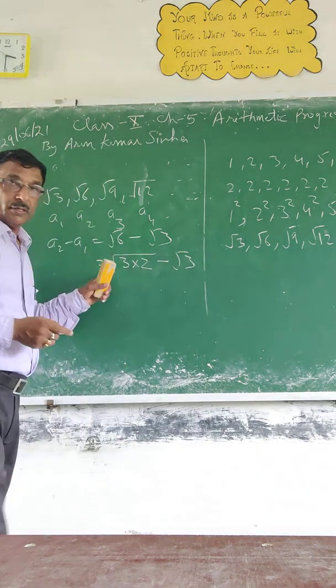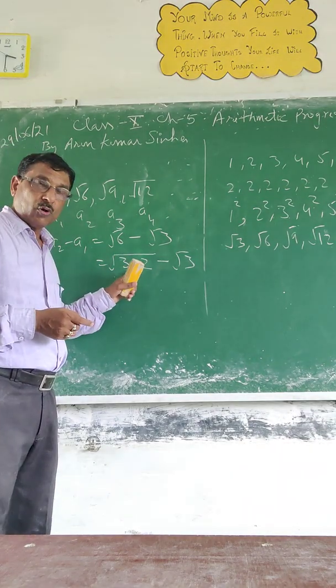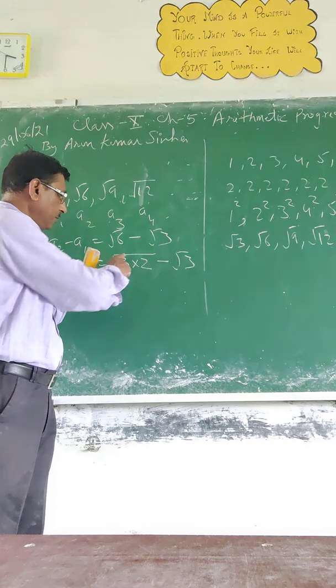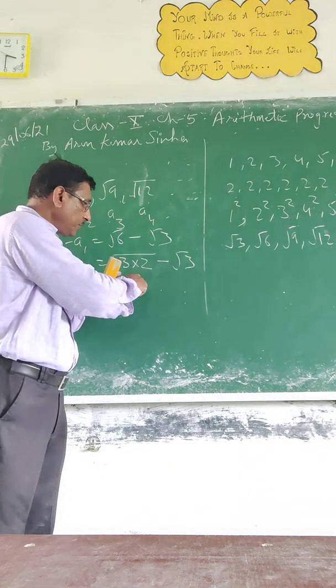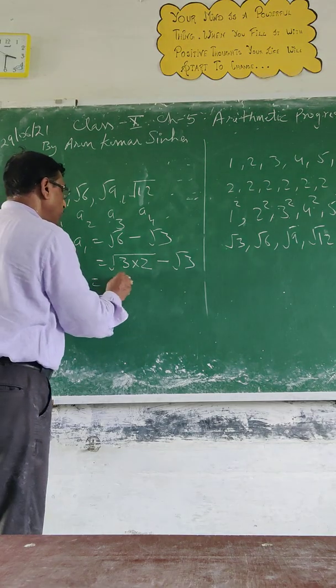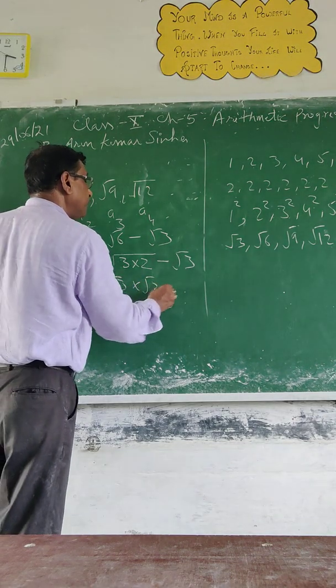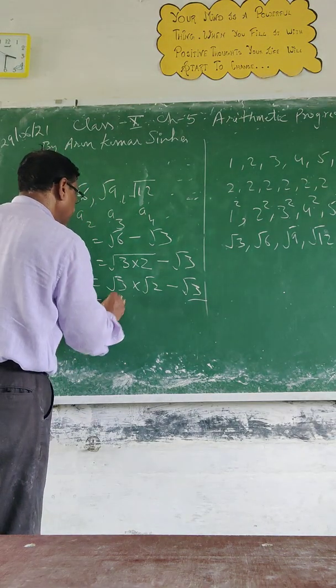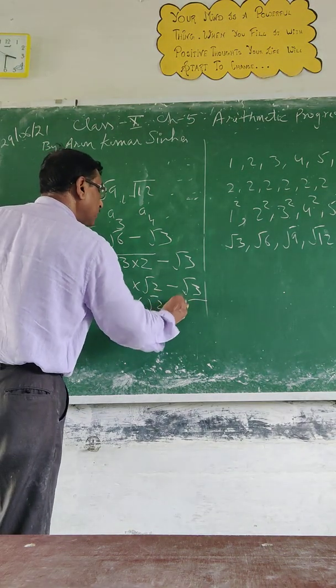Now this is the square root of the product of two numbers, so the square root is distributed over this product. So you can write root 3 into root 2 minus root 3. You take root 3 common, what will you get? Root 3 you have taken, root 2 minus 1. Okay.